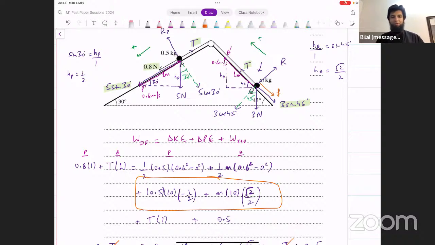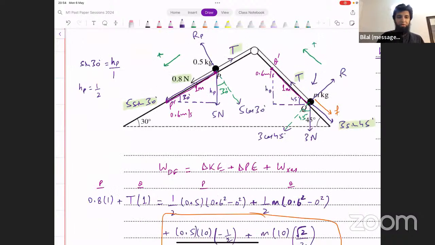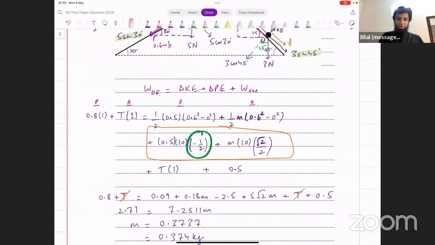You have to figure out the vertical change in height using simple trigonometry. For example, if particle P moves down by 1 meter, you think of this right angle triangle. By using trigonometry, that gives you the change in height, that's 1/2. And this is decreasing, so we use minus 1/2 here.